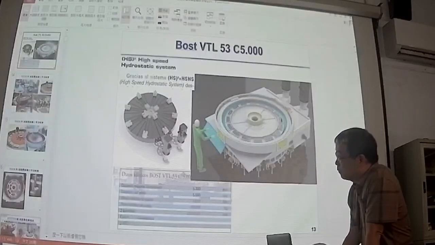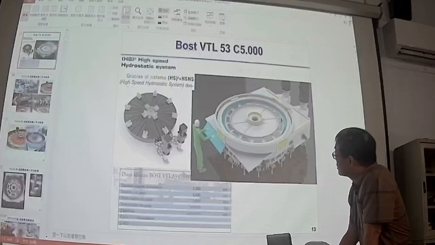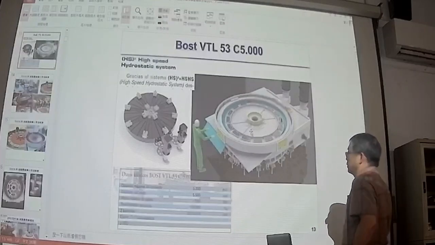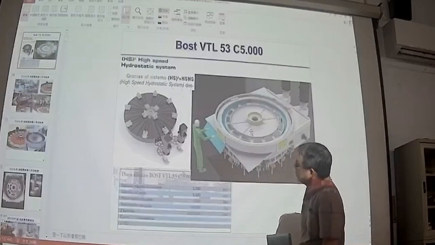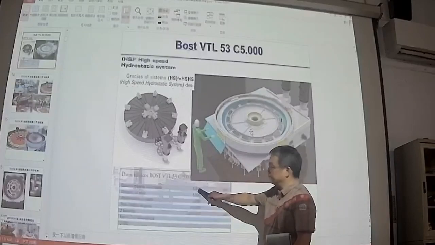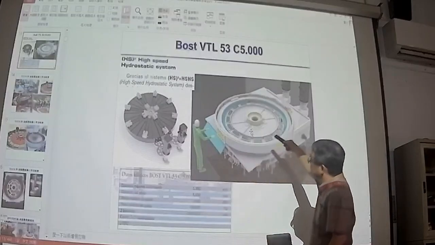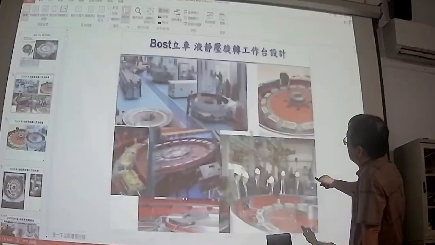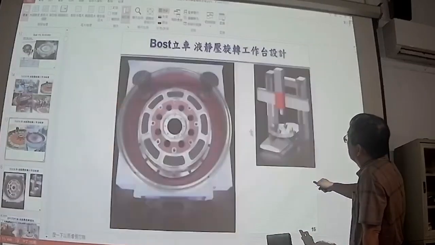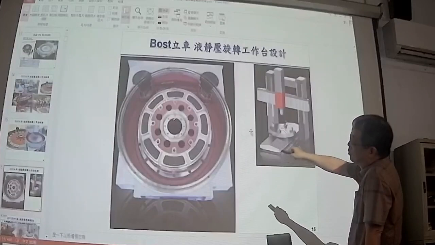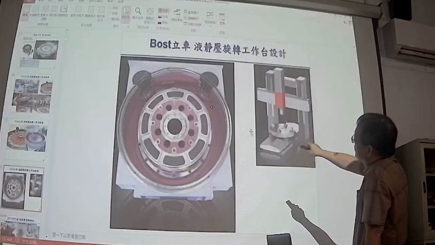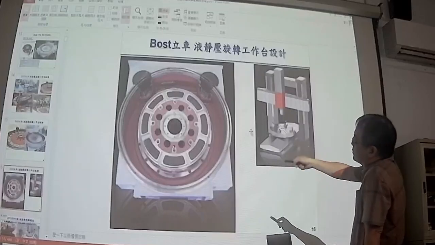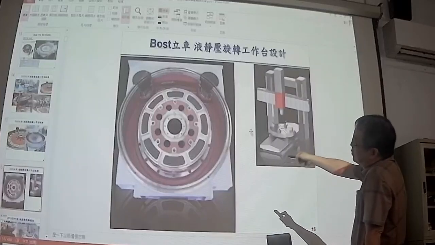For example, for this one, the diameter is 5.3 meters, the rotary table. But for a smaller rotary table, for example, for this one, I think it's 1.4 meter in diameter, you have a less recess design.